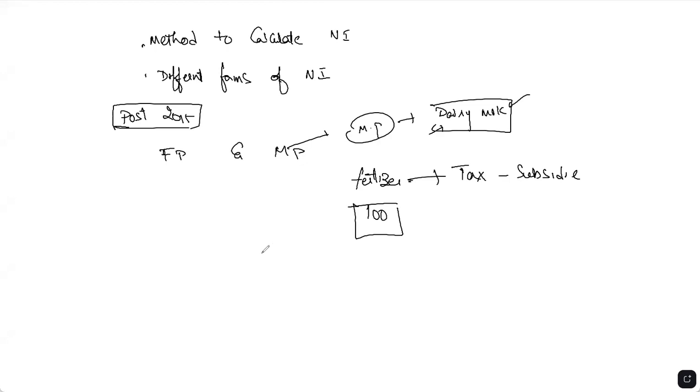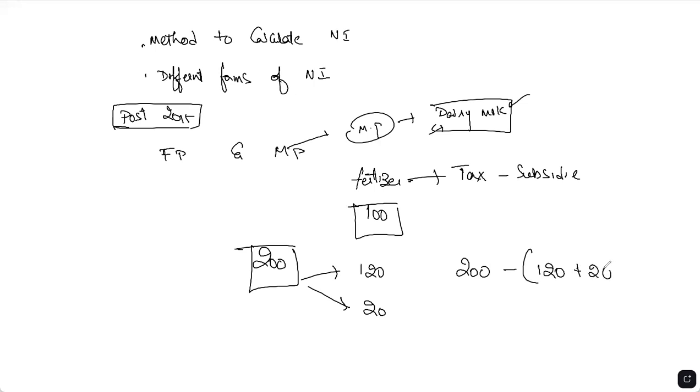Actual product, let's assume it is 200 rupees. Government is giving, just hypothetically, 120 rupees of subsidy and 20 rupees of taxes. So the product becomes 200 minus 120 plus 20, so you will get 100 rupees.